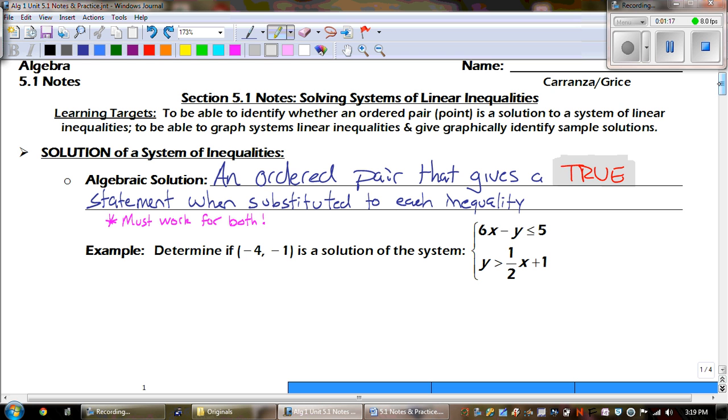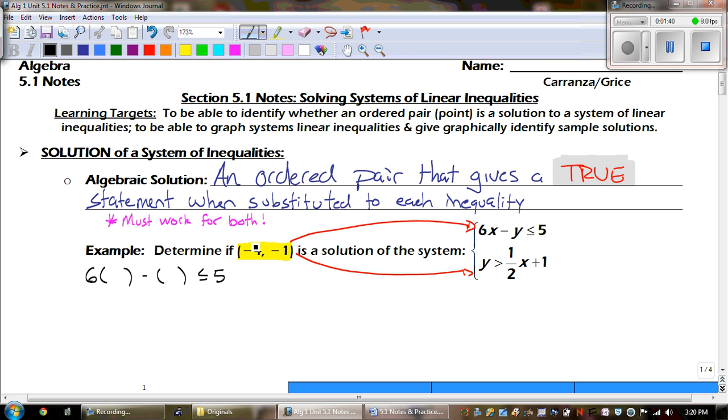Okay, first one. They give us the point (-4, -1), and I need to check it to make sure it works in the first one and the second one. So let's go with our first one, 6x minus y is less than or equal to 5.